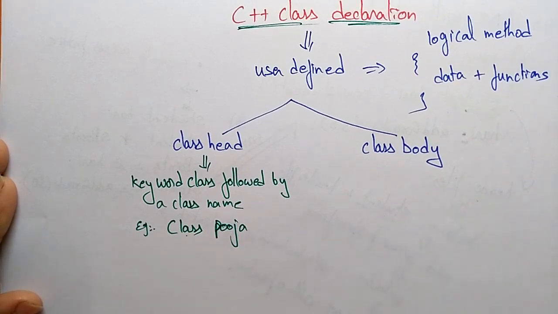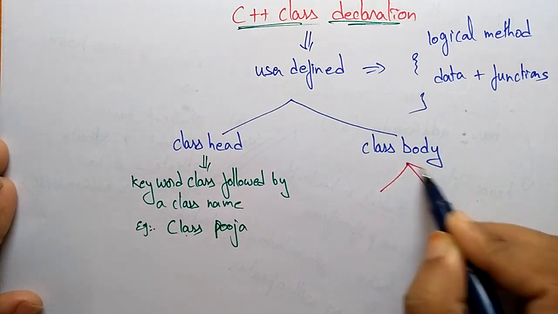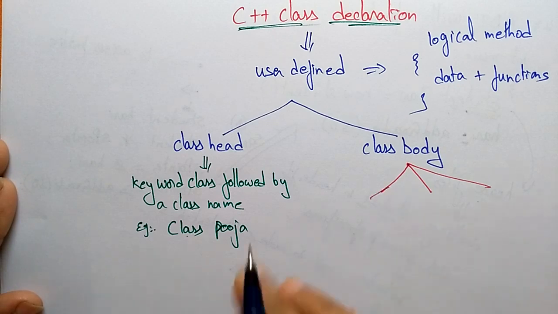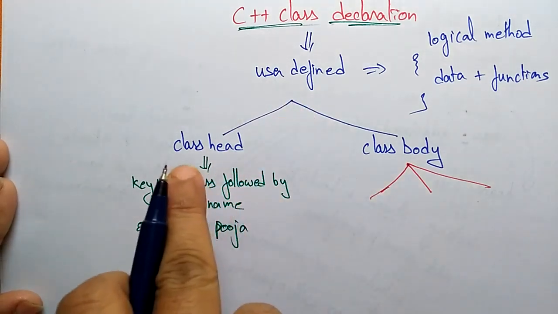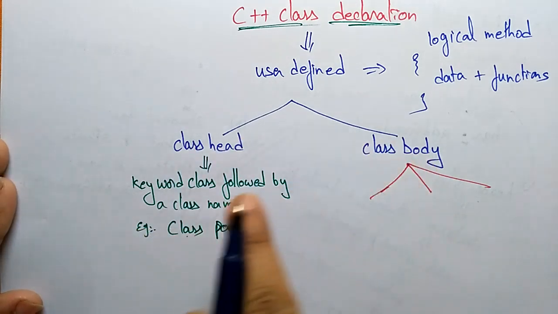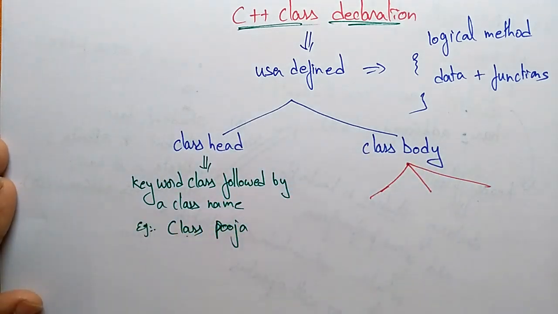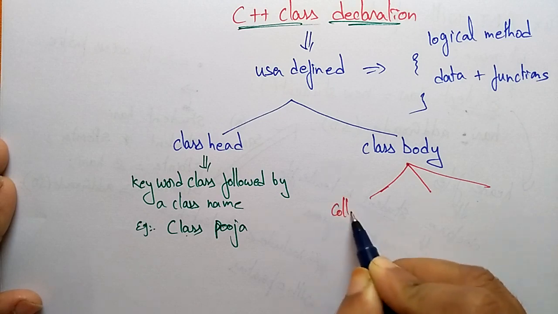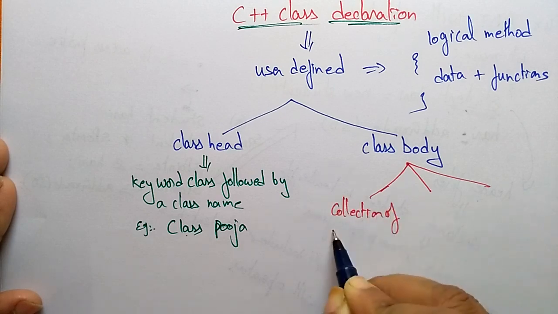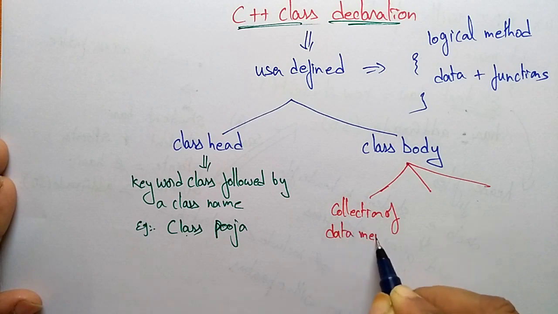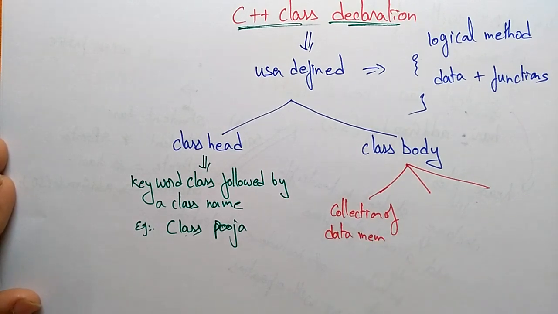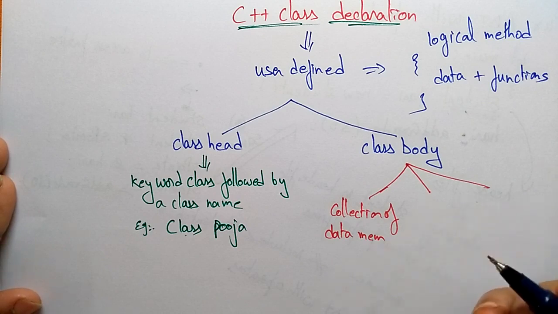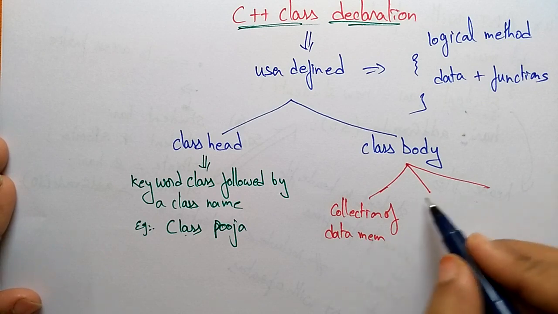Now coming to the class body. The class body is again divided into three. So the class definition consists of class head and class body. Class head is nothing but the keyword class followed by a class name, whereas the class body consists of a collection of data members, which means a collection of variables. You can call them data variables, just variables.